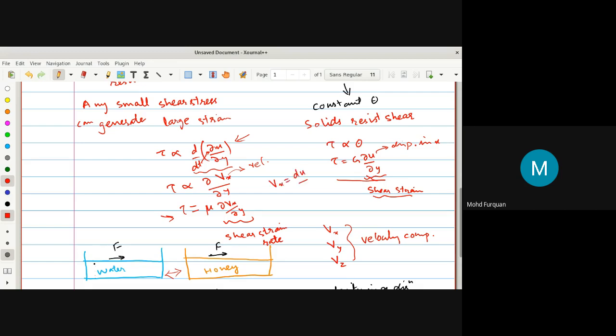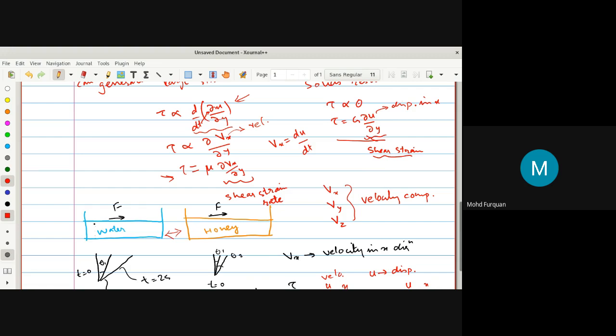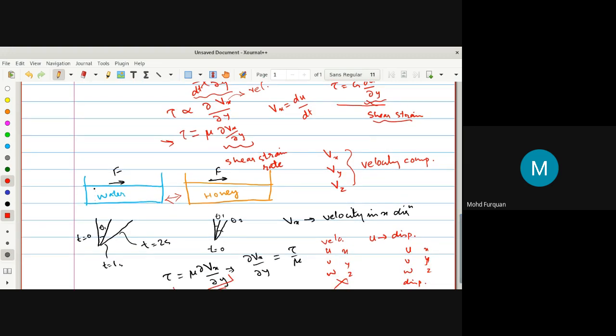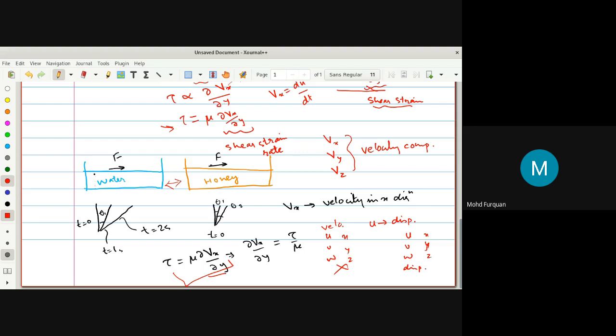I am not doing this rigorously because I want you to have a physical feel of how different fluids differ, and why it is important to use the rate of change of shear strain rather than the shear strain itself.